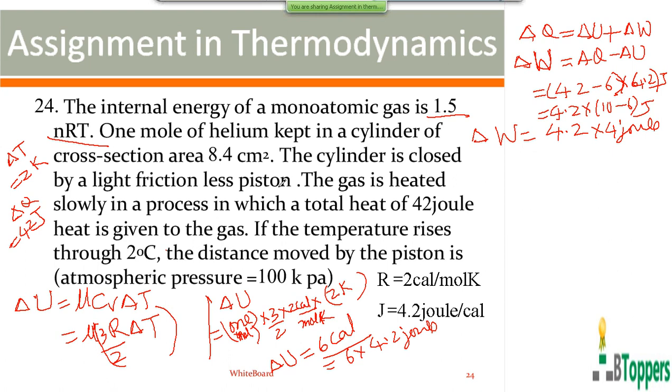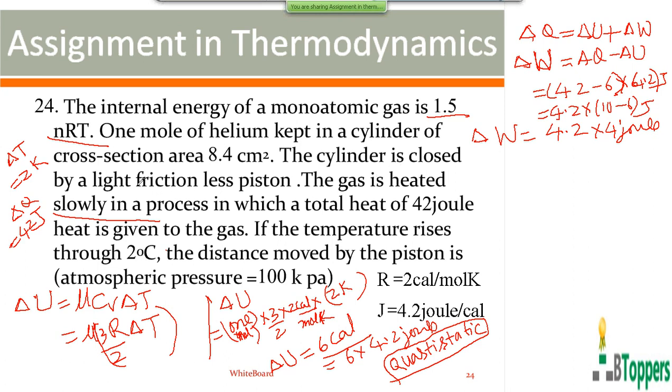It is given that the gas is heated slowly, so you may assume that the process is approximately quasi-static. So the pressure of the gas at any instant just exceeds the atmospheric pressure by an infinitesimally small amount.